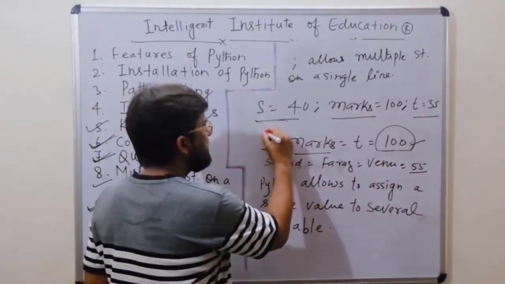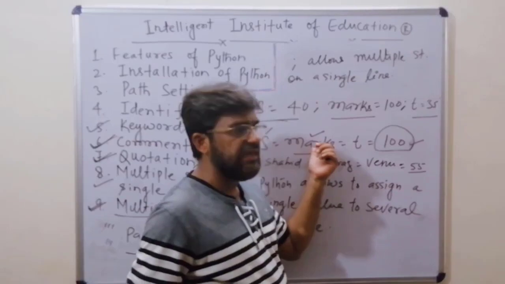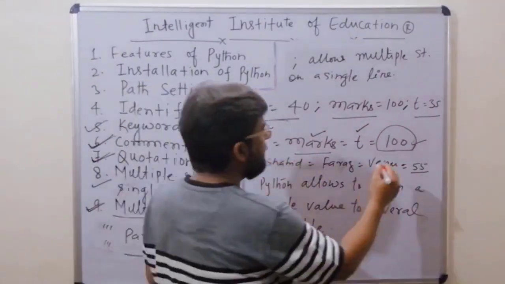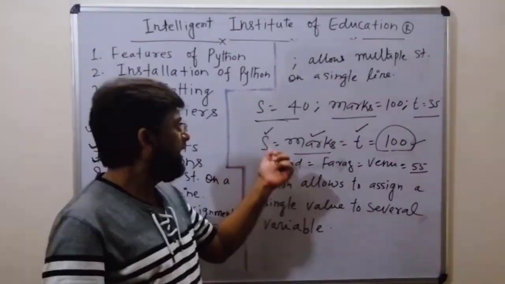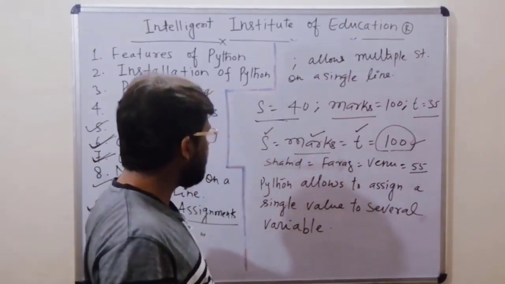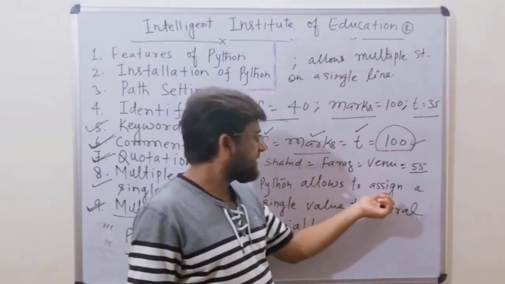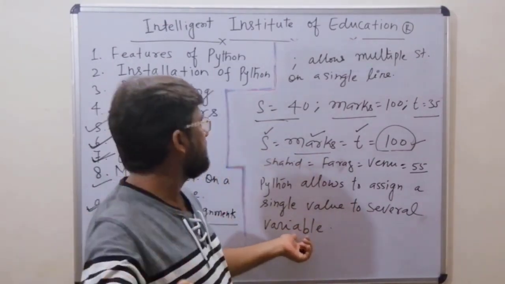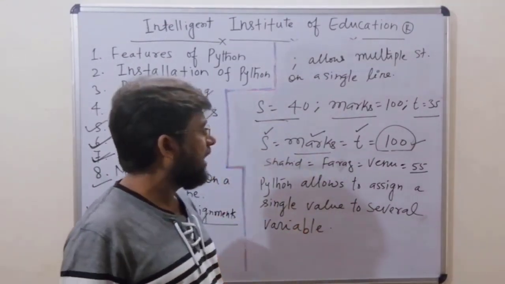For example, s is one variable, marks is another variable, and t is another variable. So 100 is one value, and we are going to assign it to three different variables. So we can say that Python allows assigning a single value to several variables.